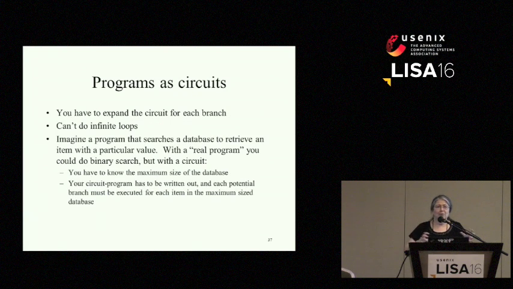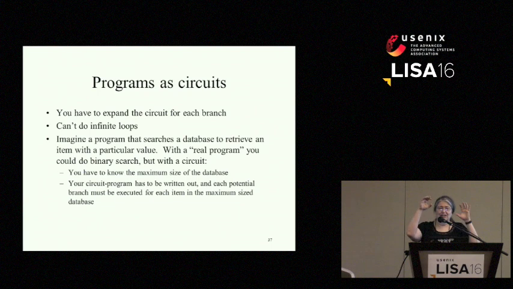If you turn your program into a circuit, it's a lot of overhead. You have to expand the circuit for every single branch, and you can't do infinite loops. So if you're looking for an item in a database, you can't do binary search or something. You can't select one thing, because, as you'll see, you're working on encrypted data and you have no idea which item it is.